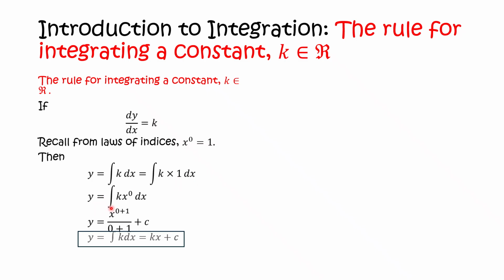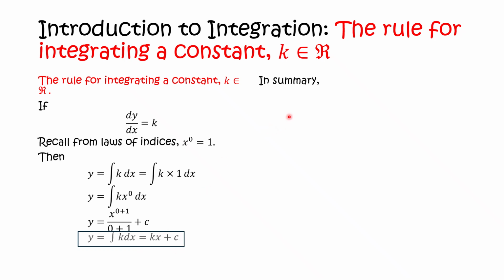That will give us the integral of k times x to the power 0 dx. Adding 1 and dividing by the new resulting power, that will give us y equals kx plus c. So that is how we deal with the constant.